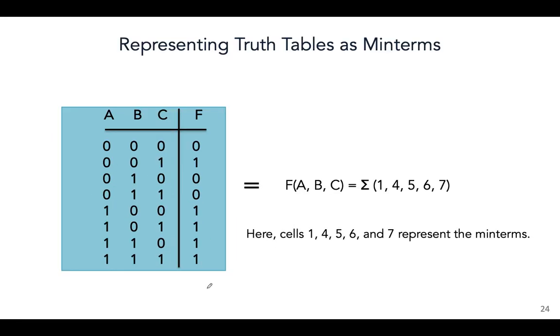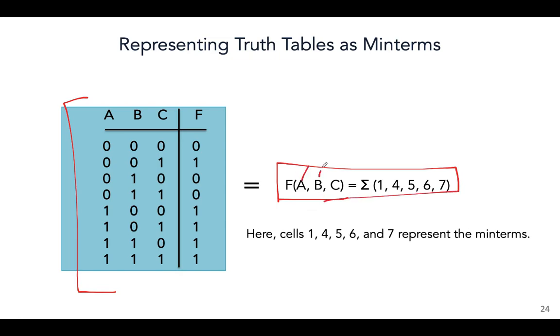Now if we have to represent a truth table in the form of minterms, again it's very simple. This was the truth table that was given to us. We can write it like this because this is a function of ABC, and this function can be written like this. And what are these?